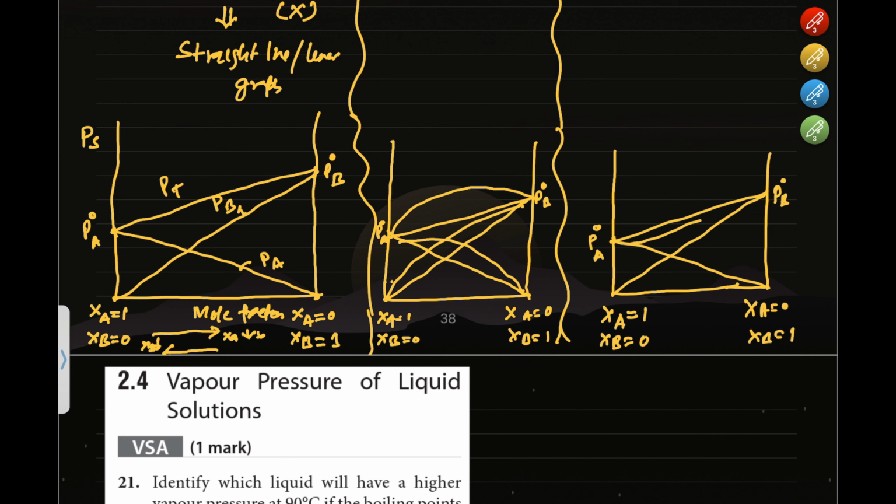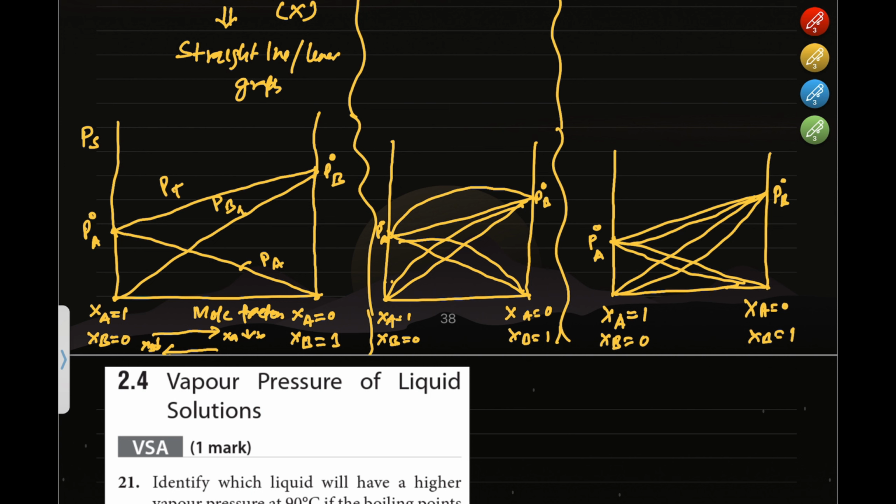If we draw a line like this, then the graph for negative deviation comes like this. These graphs are for the negative deviation. So we have discussed the graphs of positive deviation and negative deviation, and the relation between these graphs.